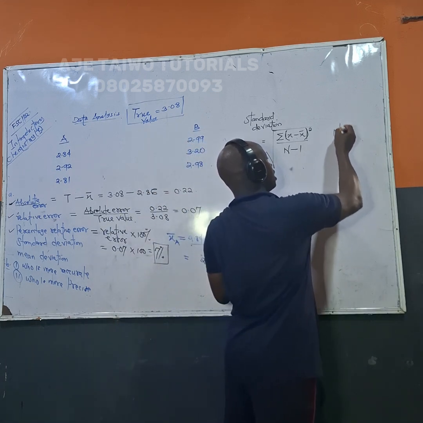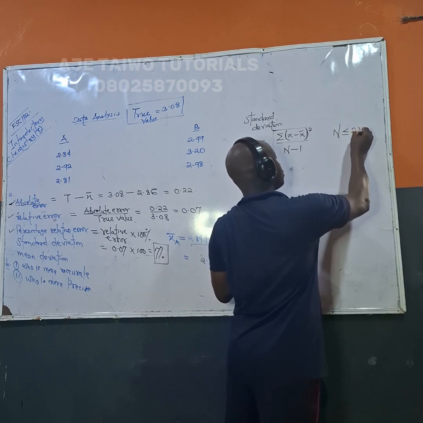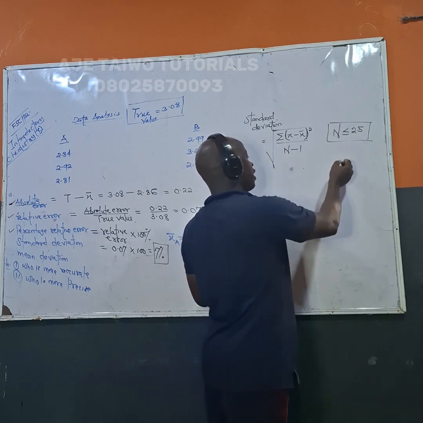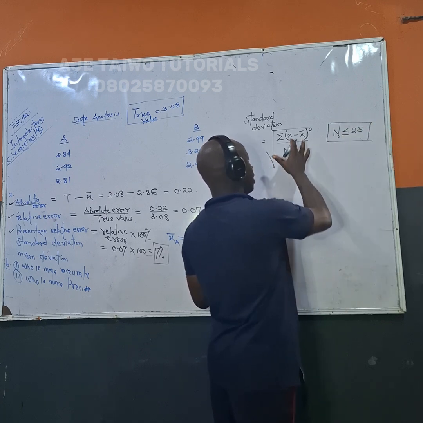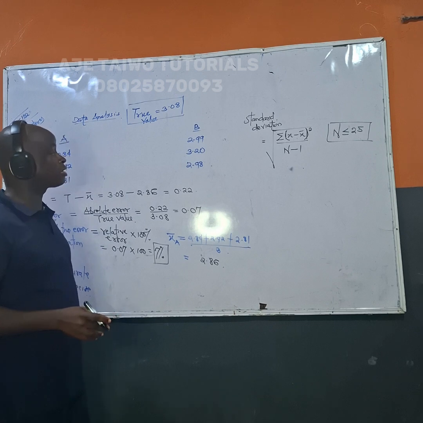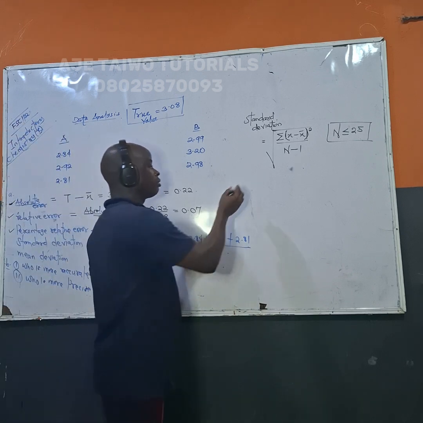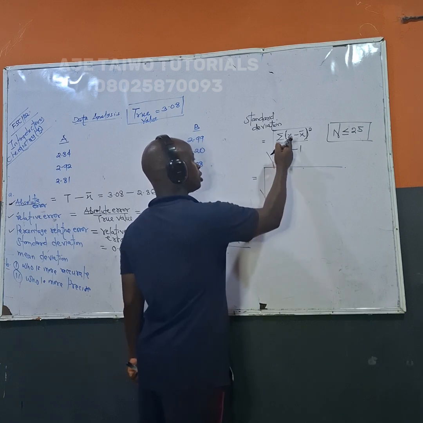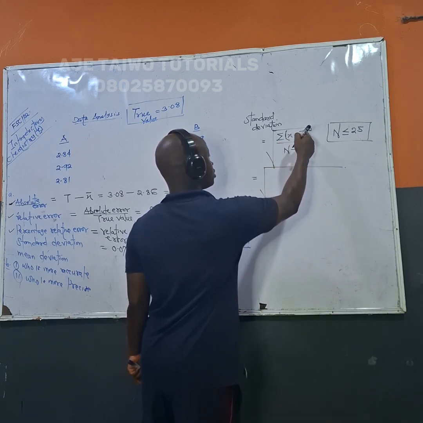When n is less than or equal to 35, you must apply n minus 1 here. But if n is more than 35, you apply only n.